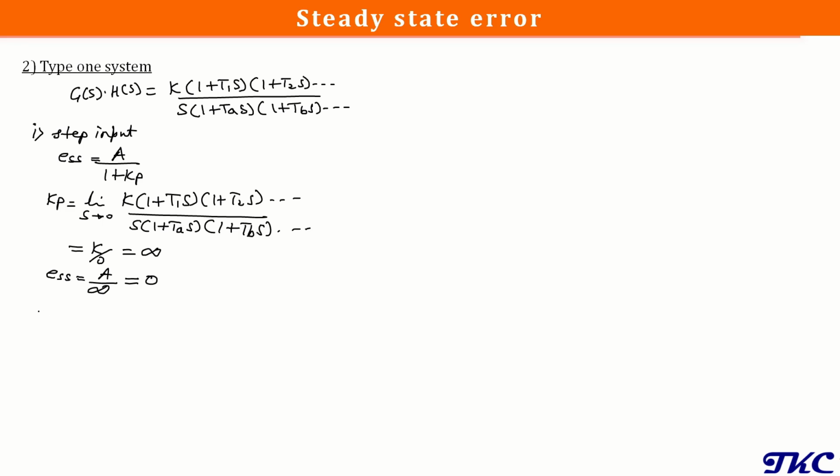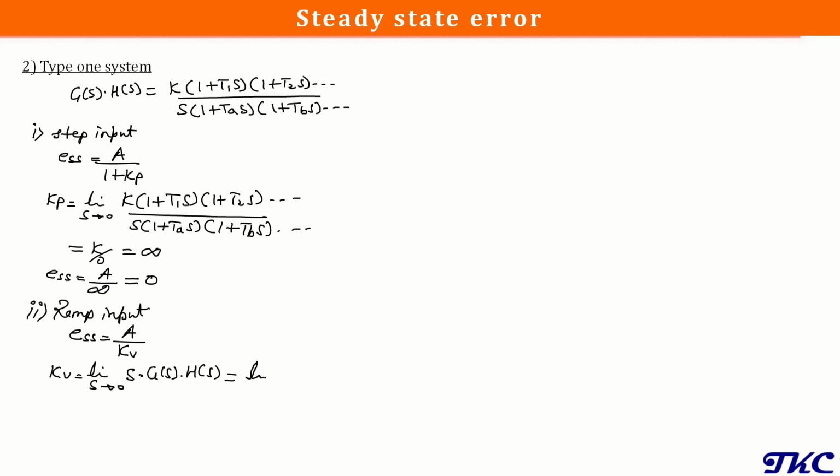Now let's find the steady state error when we are considering a ramp input. For ramp input, steady state error is given by A by Kv, and Kv, we know, is limit s tends to 0 of s into G(s)H(s). Now we can substitute this transfer function value here.